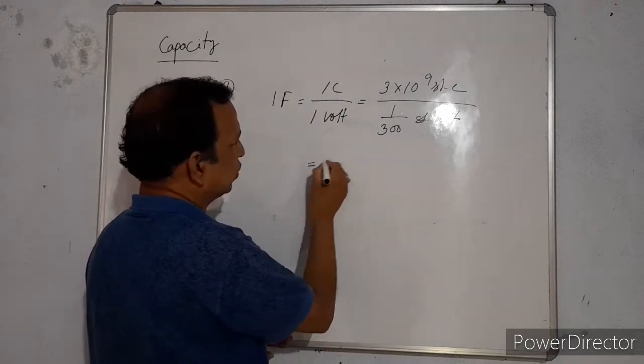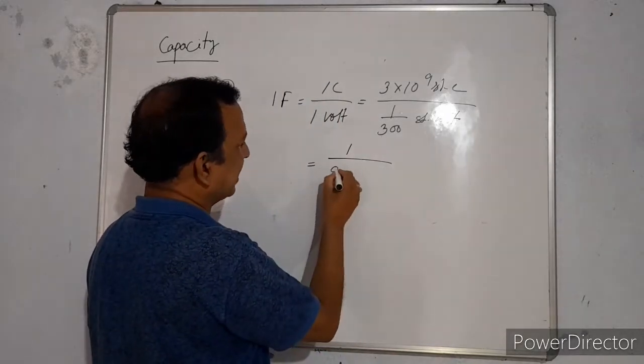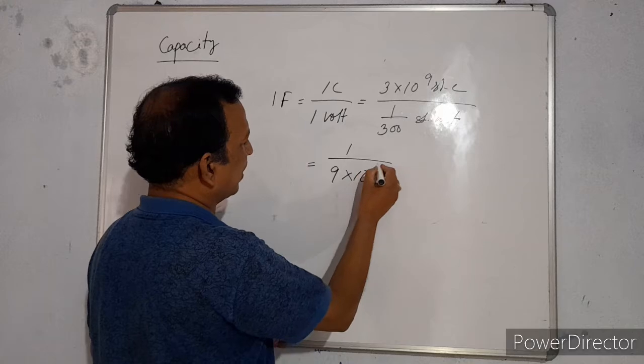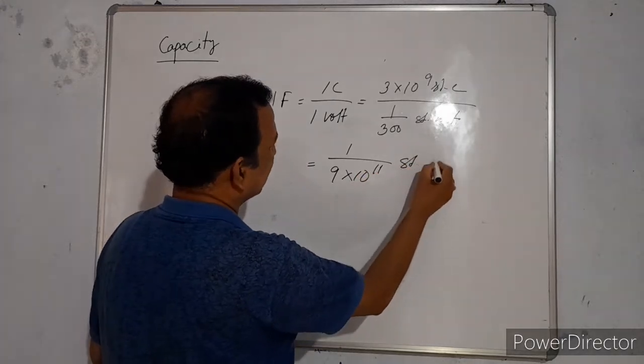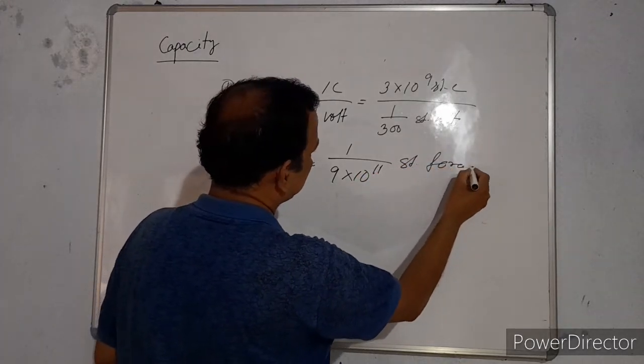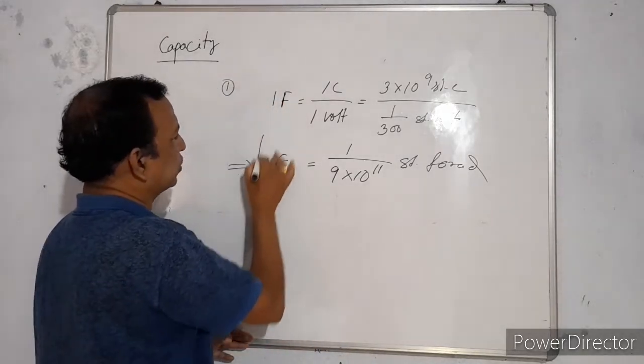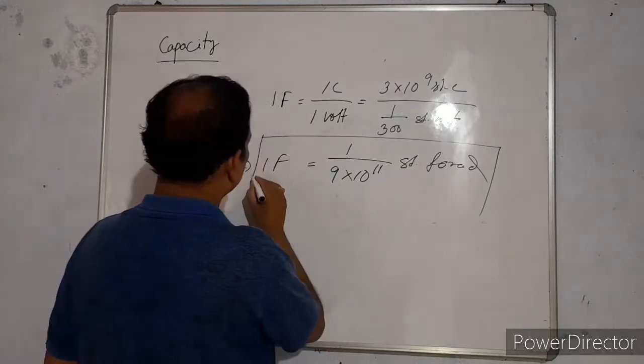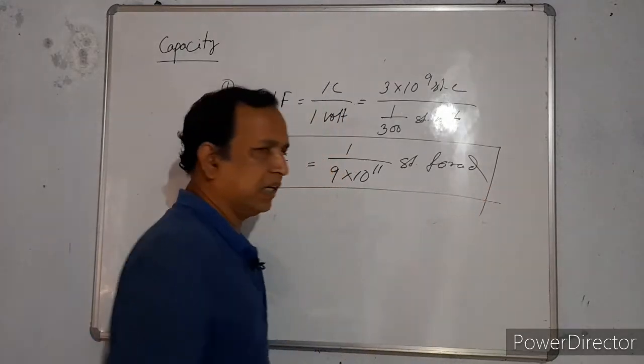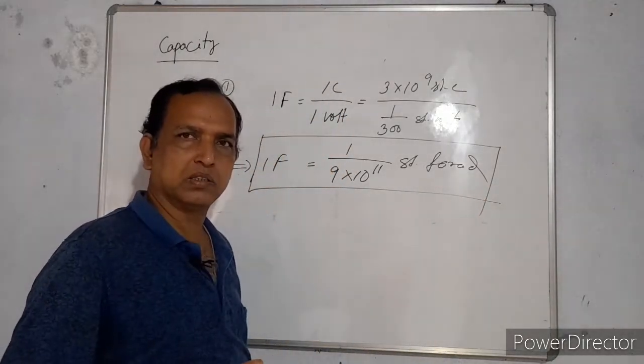That is equal to 9 into 10 to the power 11 statfarad. So 1 farad is equal to 9 into 10 to the power 11 statfarad.